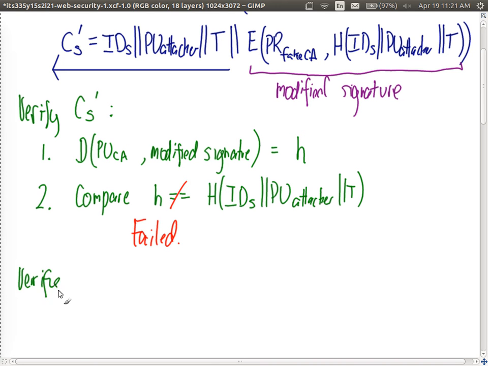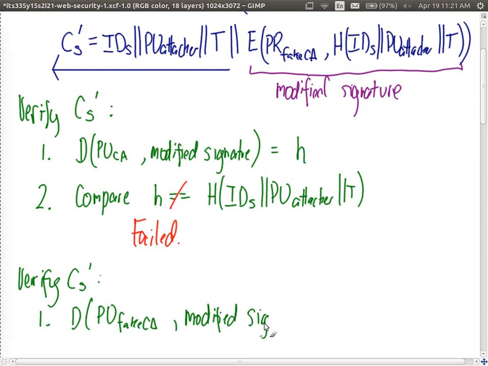Same was sent, but we try to verify CS prime, we decrypt the signature. What if instead we did this at the browser?